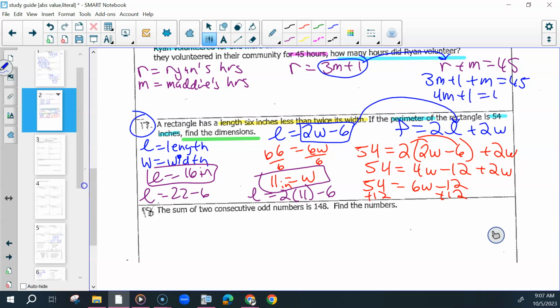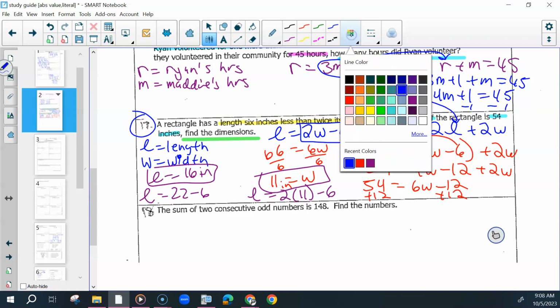4M plus 1 equals 45. Get rid of the 1 by subtracting. Divide both sides by 4 to get 11. And then put 11 back in to find Ryan's.